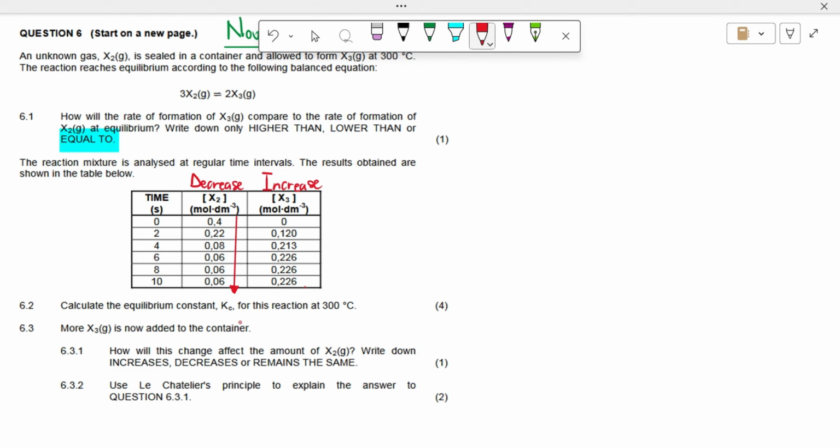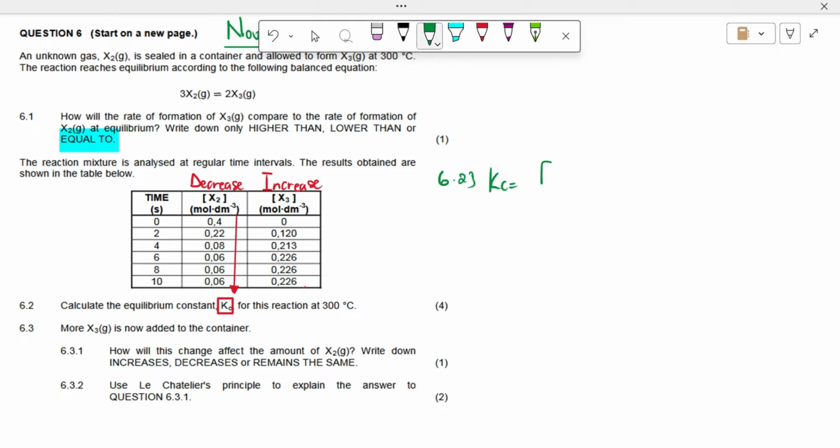Okay, now they say calculate the equilibrium constant Kc for this reaction at 300 degrees Celsius. I do not know why this is 4 marks. This is a weird mark allocation, especially when it comes to the Kc calculation. Okay. Let's see. So that's 6.2.